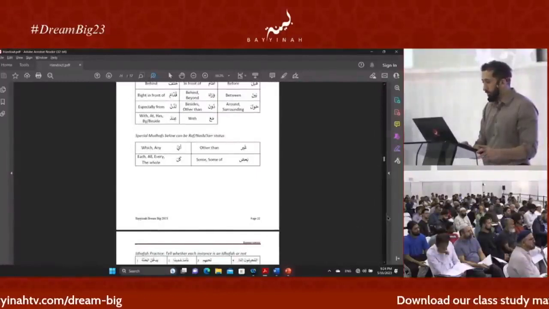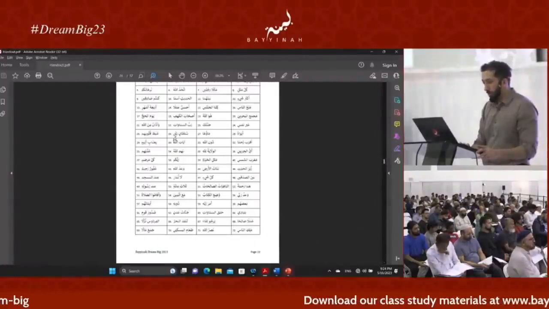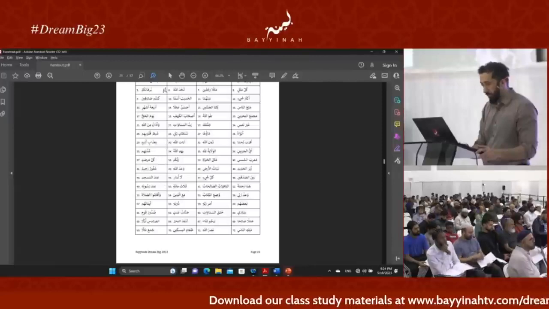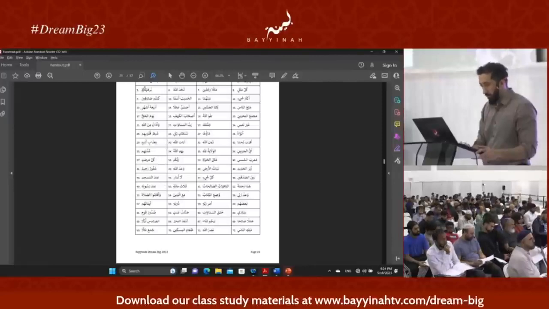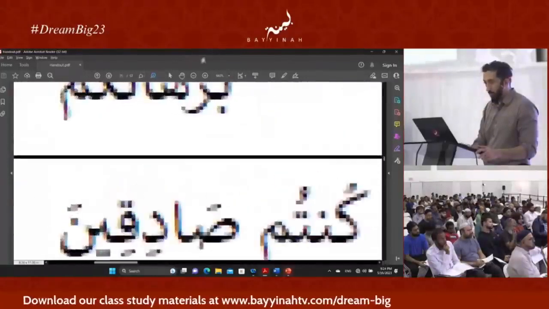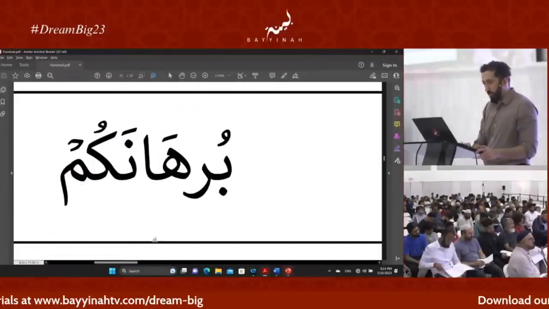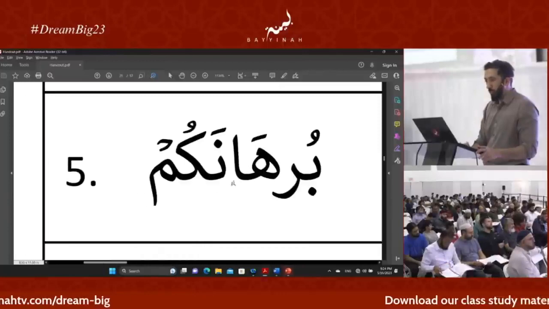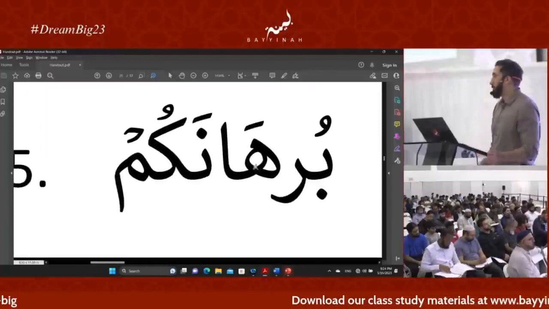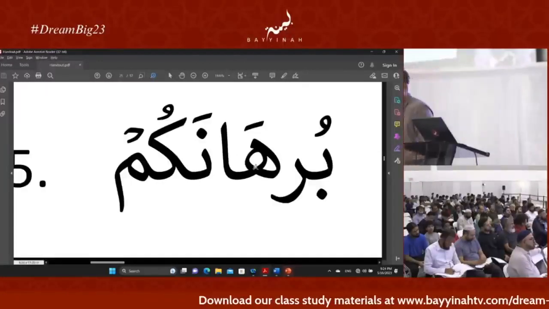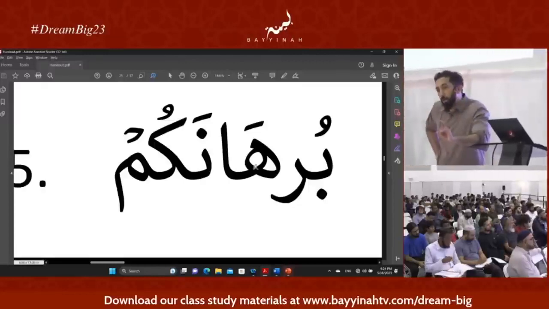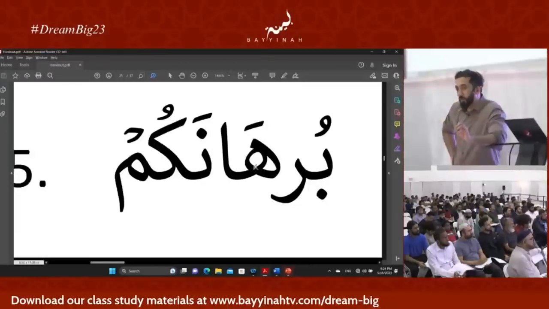Okay. Let's see. I want to see if you guys can see number 5. Back again on page, this is 23, isn't it? Yes. Okay, this is question number 5 on page 23. Burhanakum. Burhan means evidence. I'll say that again.